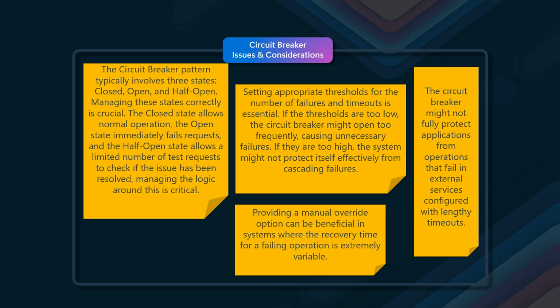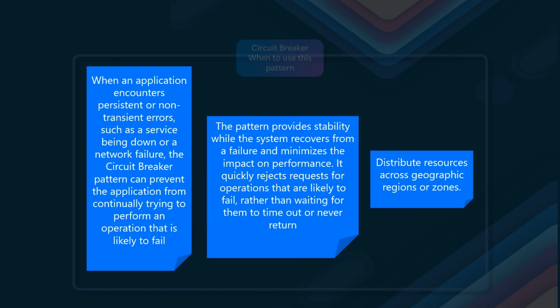It is important to consider the impact of the circuit breaker on a shared resource and other tenants in a multi-tenant environment. By addressing these considerations, the circuit breaker pattern can be effectively implemented to improve the stability and resiliency of an application, preventing cascading failures and managing long-lasting faults efficiently.